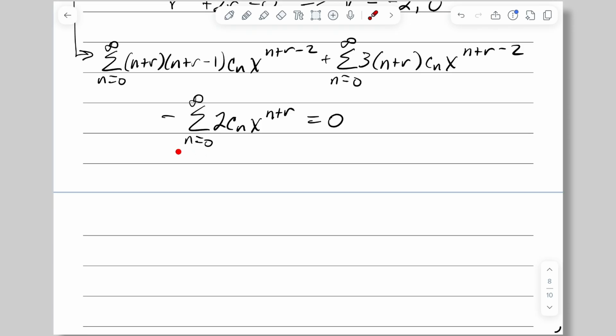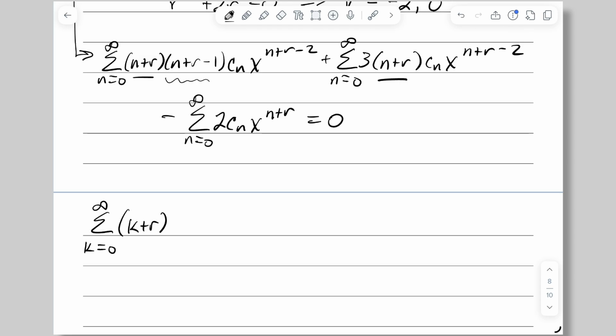In the sigma expression for y, we're going to replace n plus r using k plus r minus 2, and then the starting value for the index is going to increase by 2. Here's the result. The sum as k goes from 0 to infinity, notice we have n plus r in both of those first two sigmas. We're changing n's to k's, so I'm going to factor that out and write down k plus r.